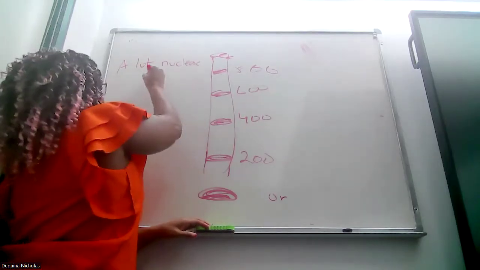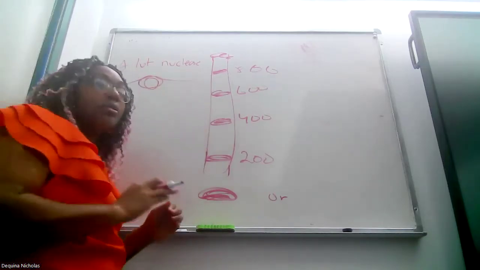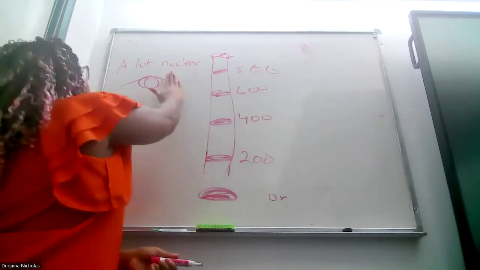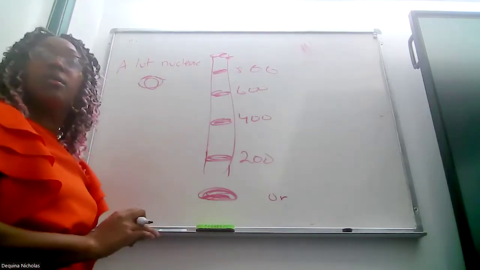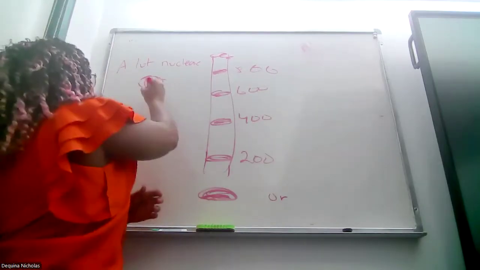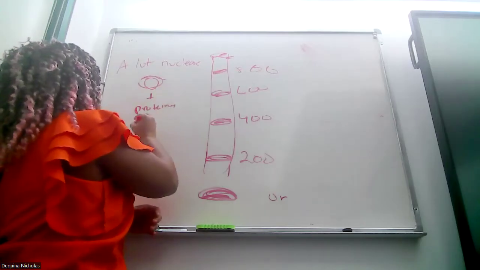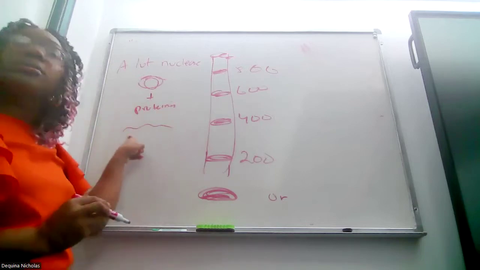So if you have a histone, you have DNA wrapped around it, and you add a lot of nuclease, what do you think is going to get cut off? And the only part that gets protected is going to be what? On the histone. So then if we add proteinase, we get rid of the histone, now we have a little bit of DNA left. How long do you think this DNA is?